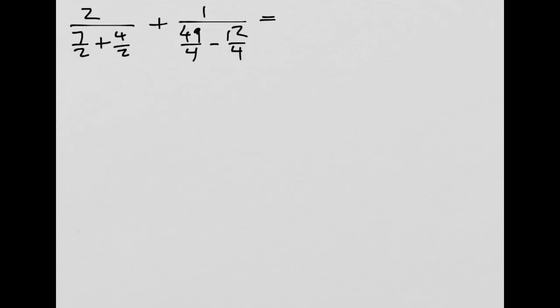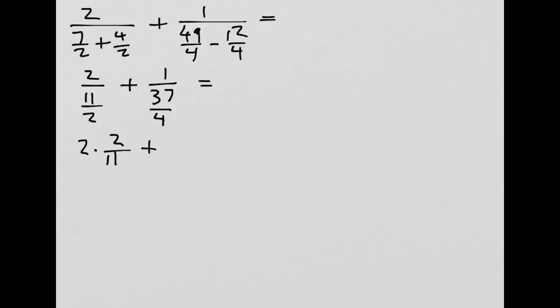This simplifies to 2 over 11 over 2 plus 1 over 49 minus 12, that's 37 over 4, which is equal to 2 times 2 over 11 plus 1 times 4 over 37.